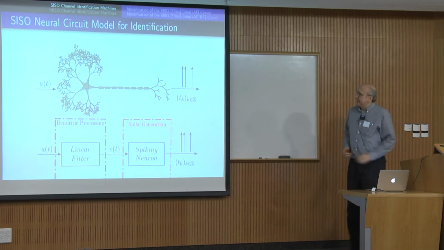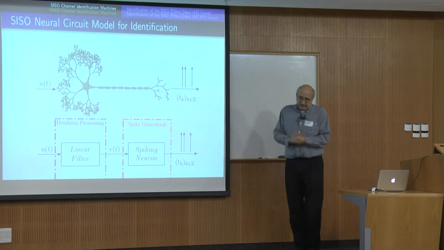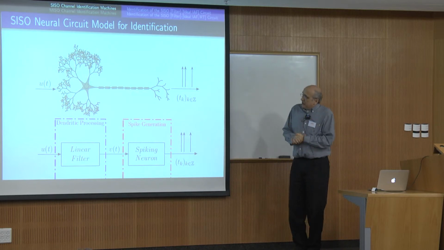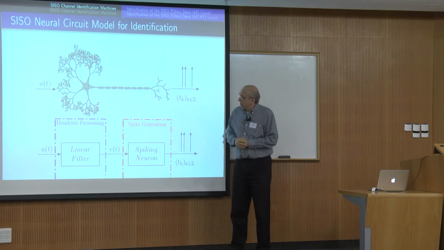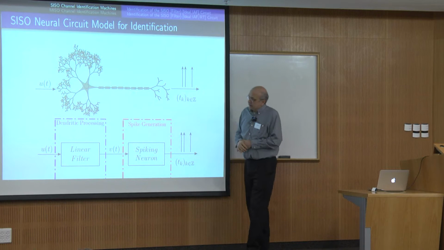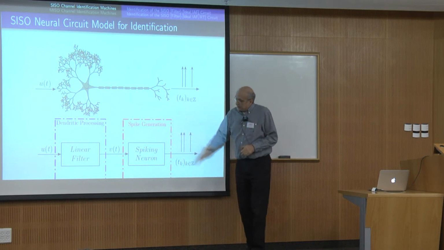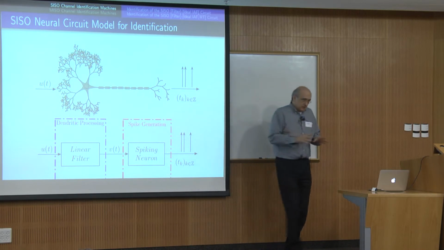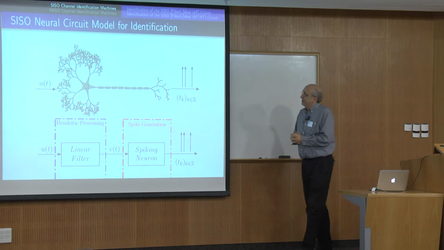Now I'm going to start the more formal description. So we're assuming now that we have a model of a neuron, and it consists of a spike generation capability and some processing. We're assuming that the processing is linear, so we have a linear filter. And the spiking neural model can be anything: Hodgkin-Huxley, integrate-and-fire with random thresholds, what have you.